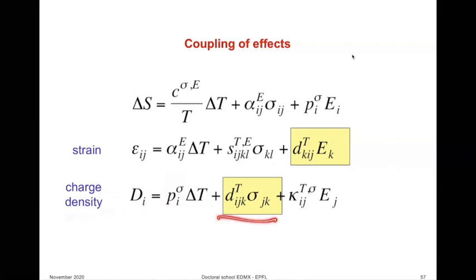We can do it by converse piezoelectric, by direct piezoelectric effect, and we can do it by applying electric field, which through permittivity will produce, by polarizing material, some charge density.